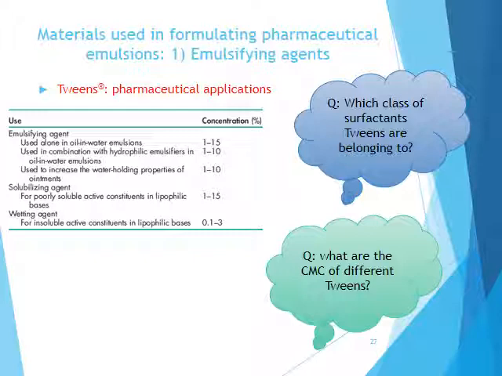And also, what are the critical micelle concentrations of different tweens? I'd like you to find the critical micelle concentration of tween 20 and tween 80. So this is a type of homework. I will mention it later on Google Classroom.